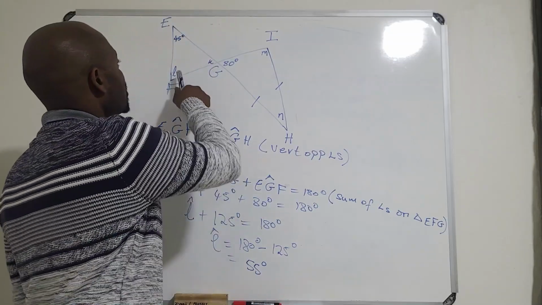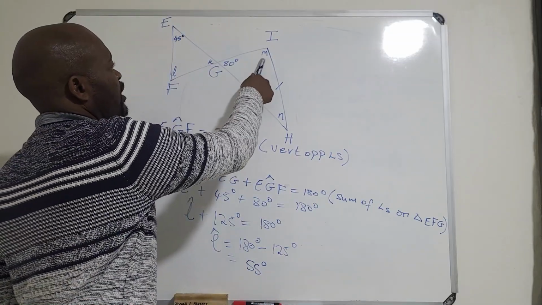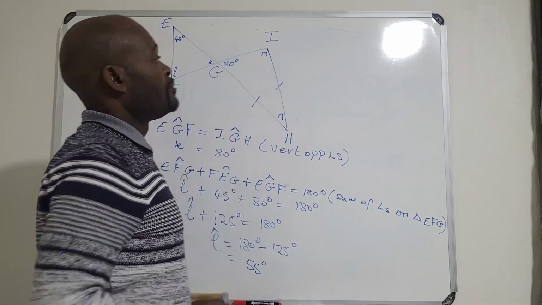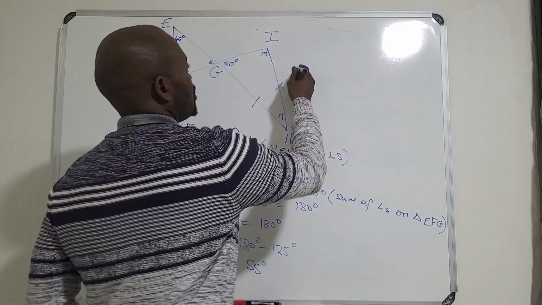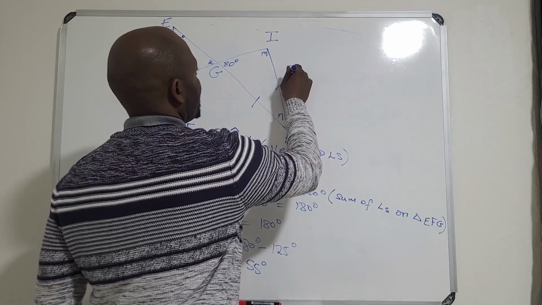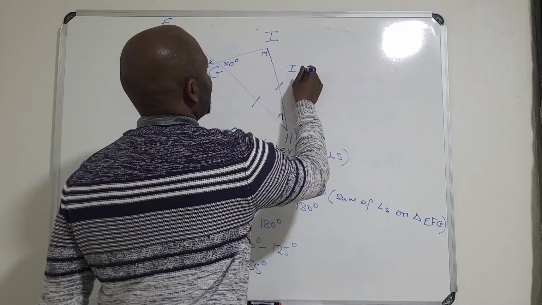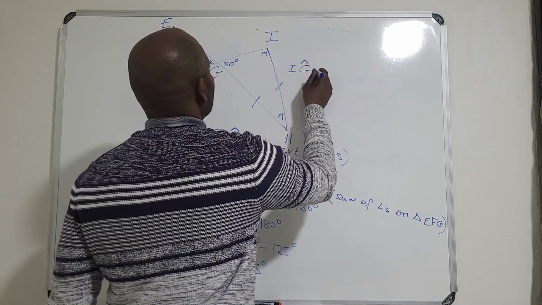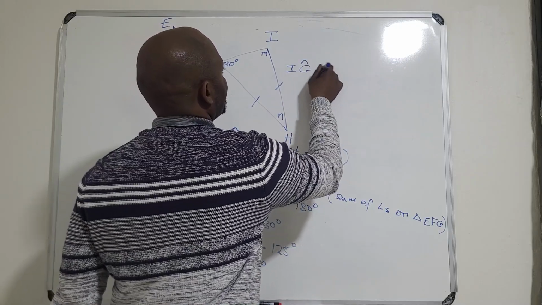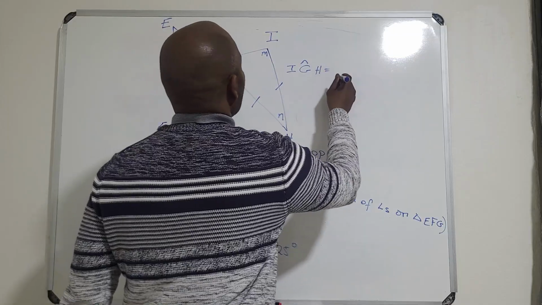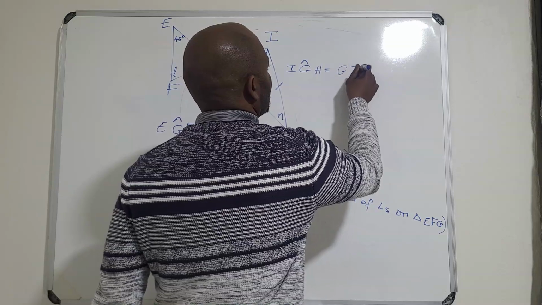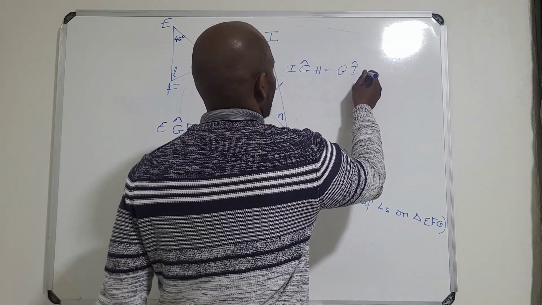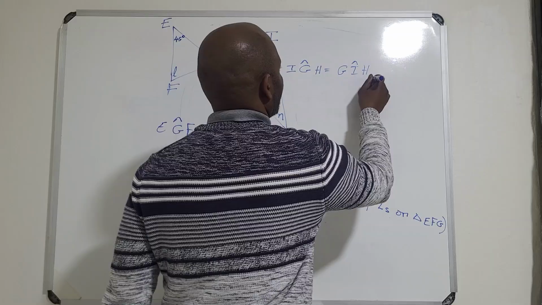Now, we got L. Now we can find M. For us to find M, we're just going to say angle IGH is equal to angle GIH.